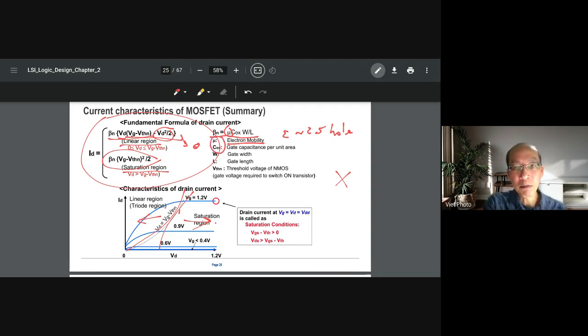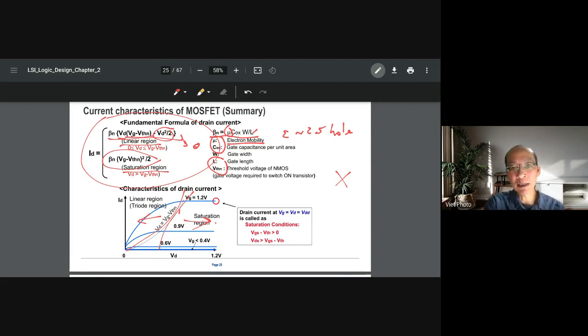This mu and C ox come from the technology, so we cannot do much as designers. Also the L here, the gate length. You have the gate length in the denominator, so the smaller the gate length, the bigger beta n, the bigger the current, and the higher the speed.